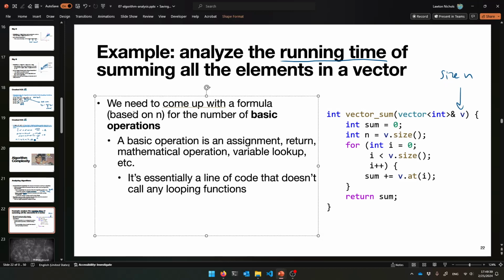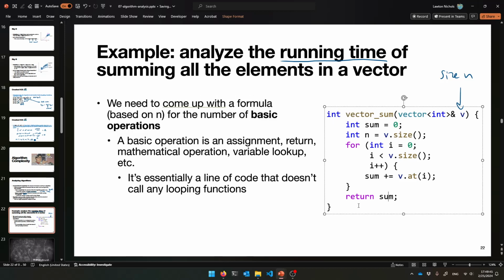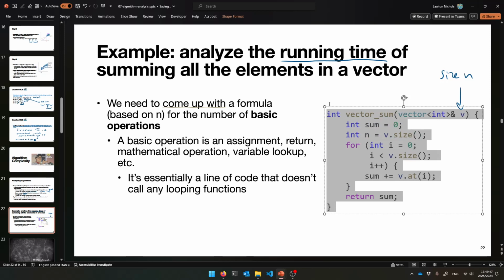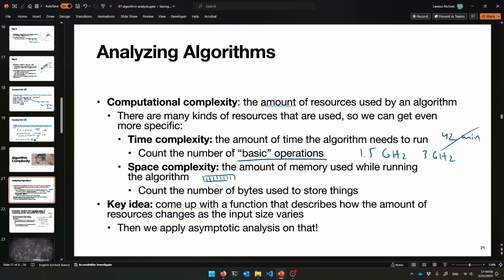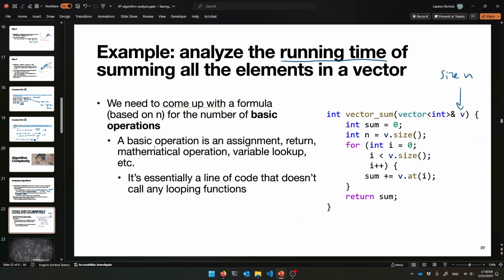So what we want to do now is come up with a formula, based on n though, for the number of basic operations. That's the term I like to use. The number of basic operations that this algorithm takes up when it runs. And so what is a basic operation? I'm trying to model things that the CPU can do really quickly in one clock cycle, we say. But here's the CSCI 26 version of that.